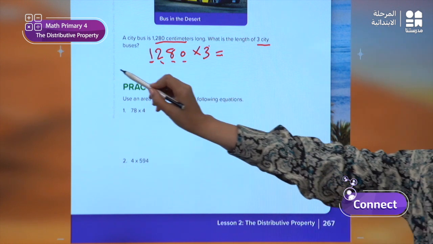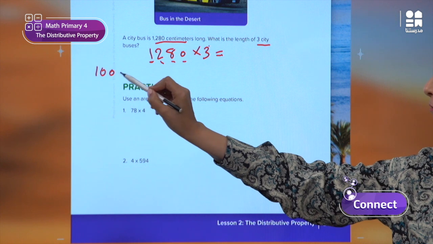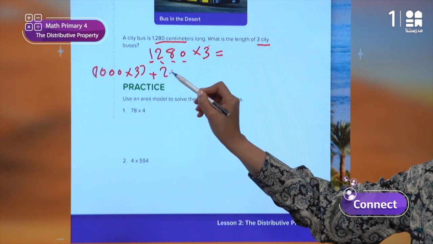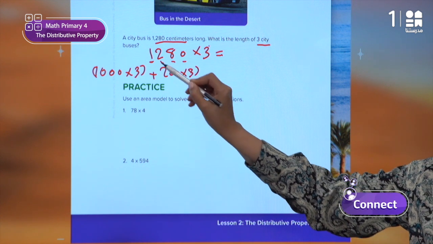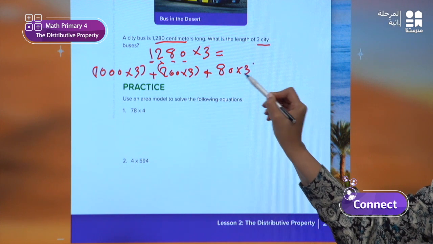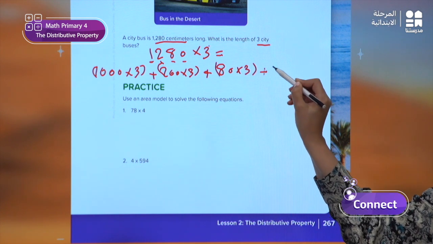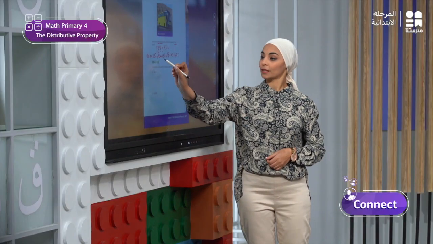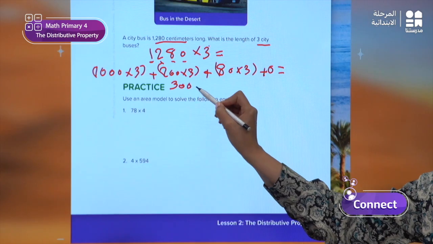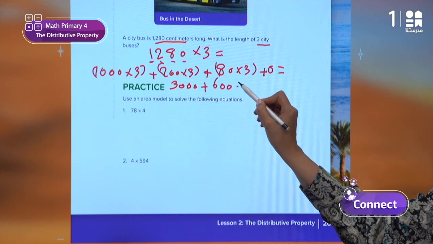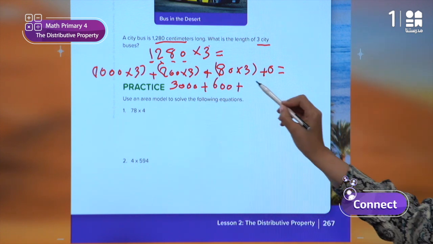Let's write it. So 1000 times 3 plus 200 times 3 plus 80 times 3 plus 0 times 3, which is 0. 1000 times 3, of course, equals 3000, plus 200 times 3, 600, plus 80 times 3 equals 240.